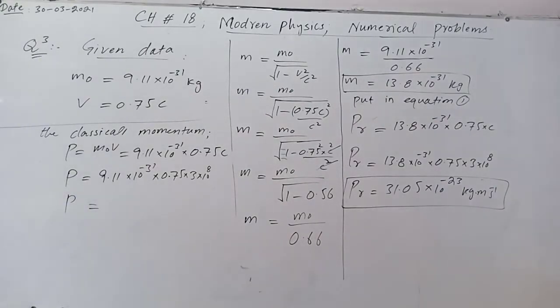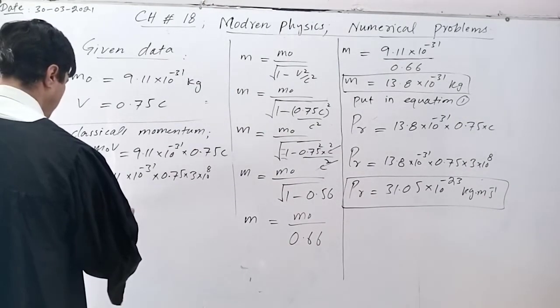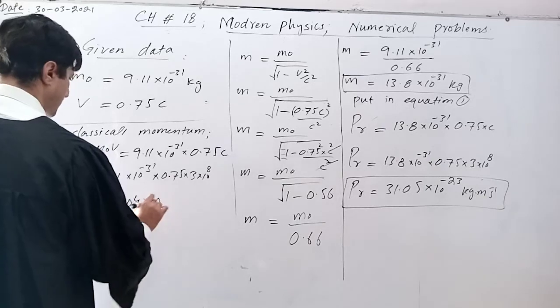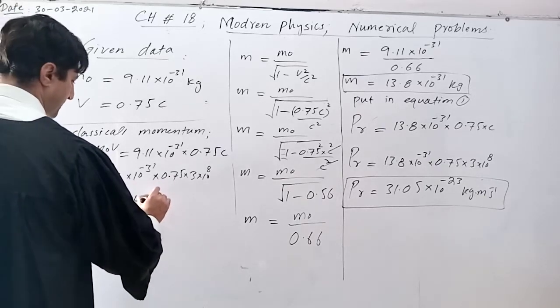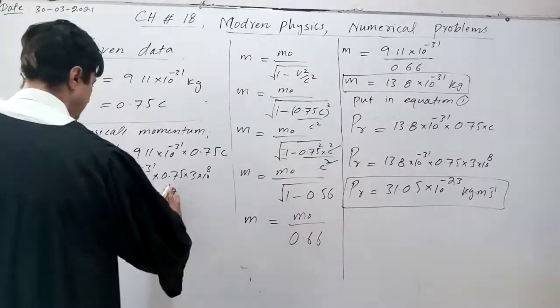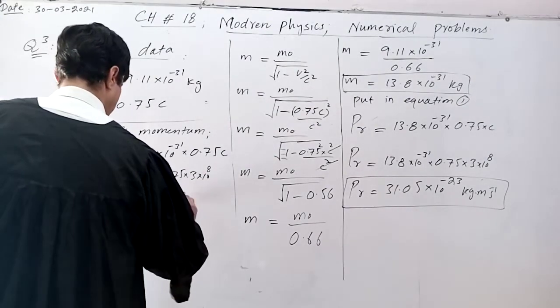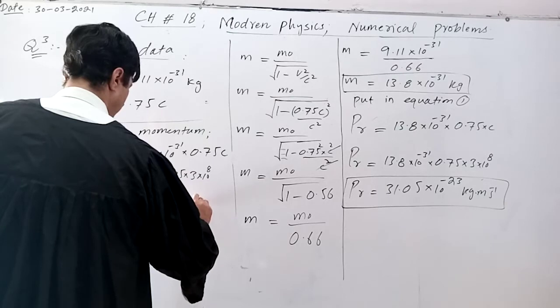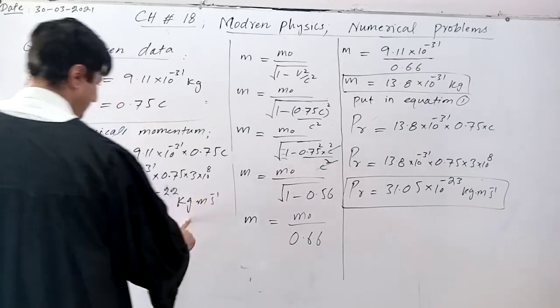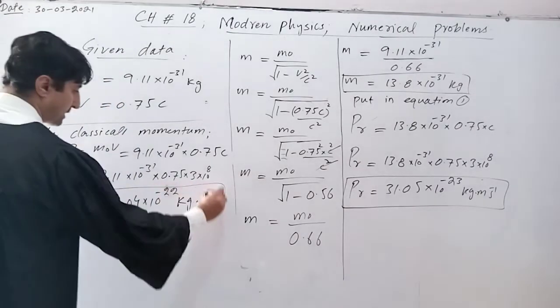We get 2.04 multiplied by 10 power minus 22 kg into meter per second. This is the unit of momentum, or Newton into second.